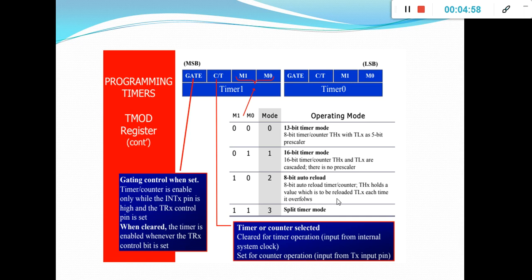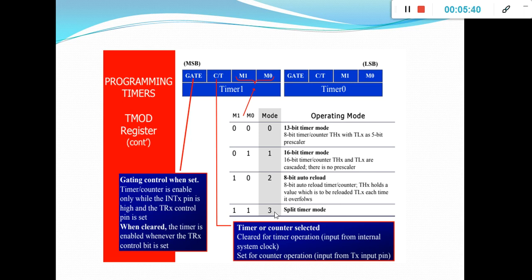Here THX and TLX are not combined: whatever 8-bit value you put in THX is copied, that is, auto-reloaded, into TLX. THX and TLX are not combined here. So mode 2 can also be used in the 8051.